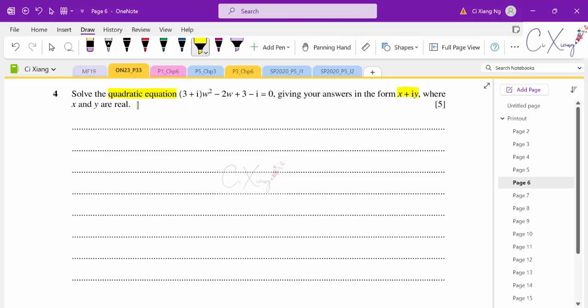Okay, so to solve this quadratic equation, definitely for this kind of equation, you cannot factorize it. So what we are going to do now is use the quadratic formula to solve for w, which is equal to negative b plus minus the square root of b squared minus 4ac, divided by 2a.